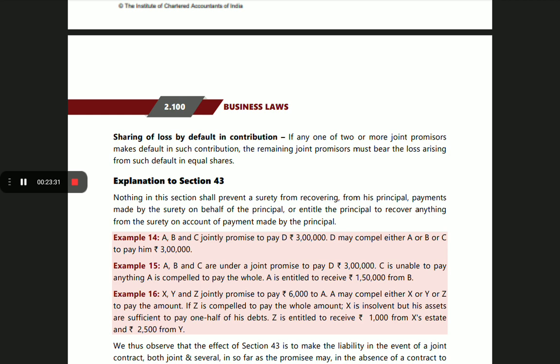Example: X, Y and Z jointly promise to pay 6,000 rupees to A. A may compel either X or Y or Z to pay the amount.